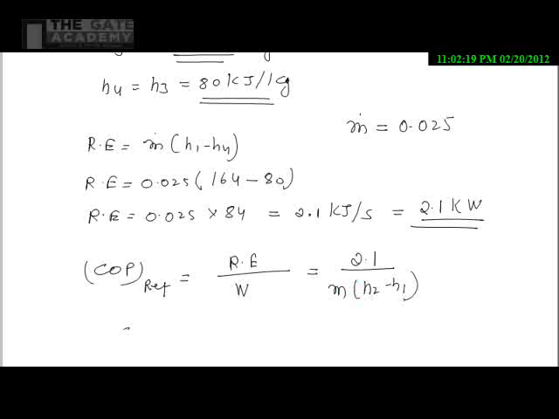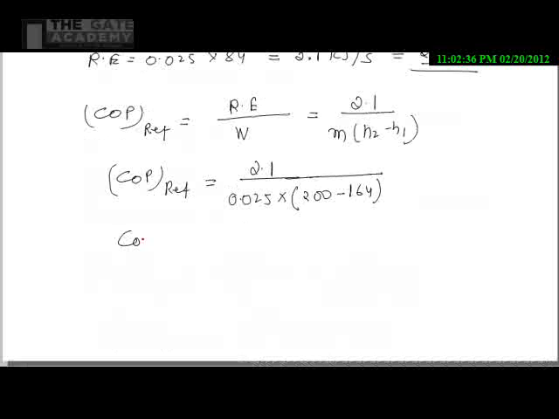So COP of the refrigerator equals 2.1 divided by 0.025 into H2, that is 200, minus H1, 164. So the COP of the refrigerator will come to 2.1 by 0.9, which is 2.33. So the COP in that case will be 2.33.